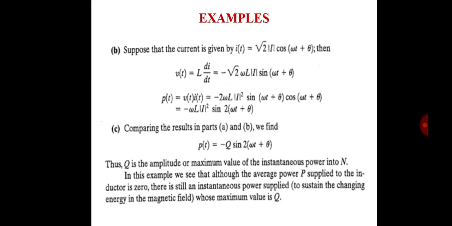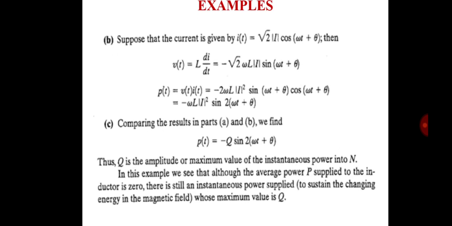So here we say minus Q is the maximum value of instantaneous power in the network. So in this example we see the instantaneous power and average power. In an inductor the average power is 0, the instantaneous power is p of t, and its maximum value is Q. Okay.